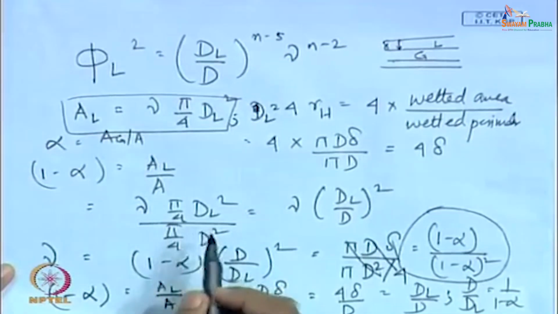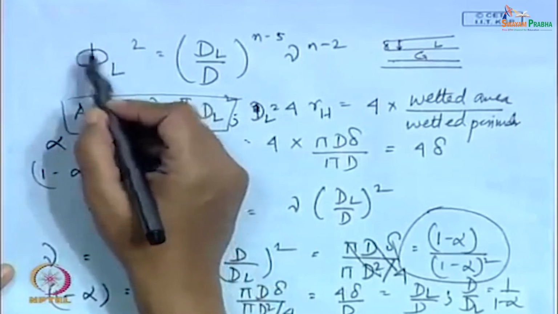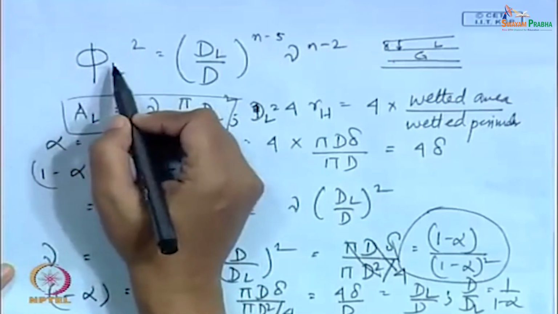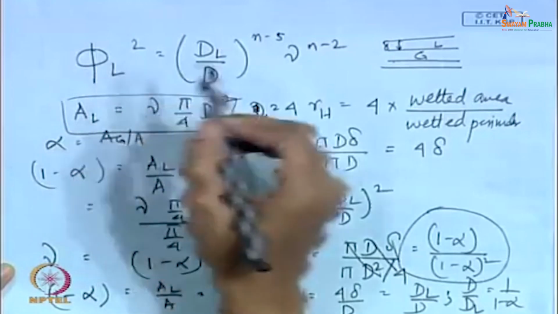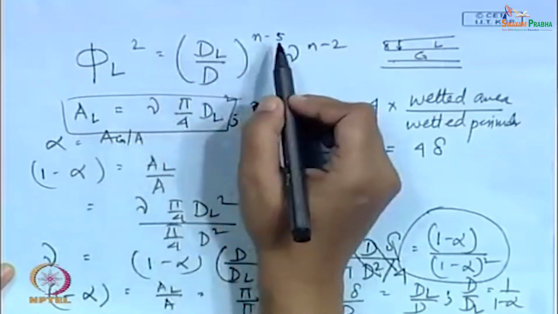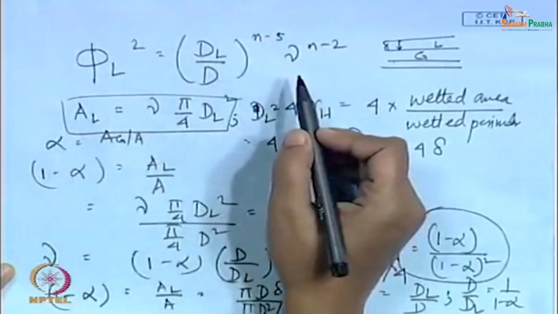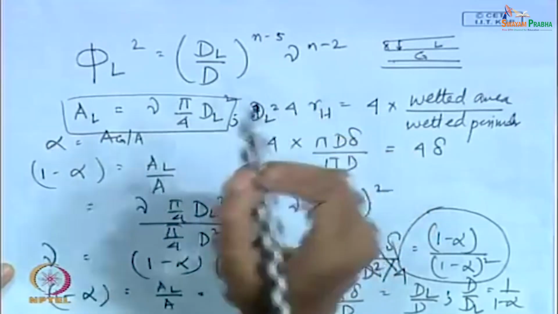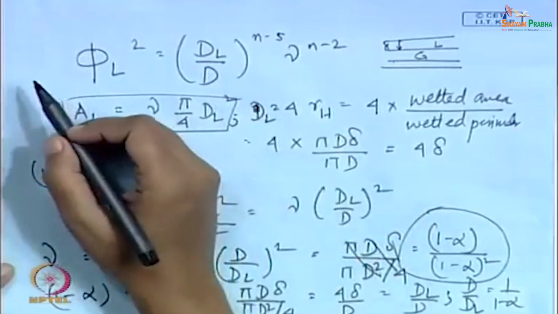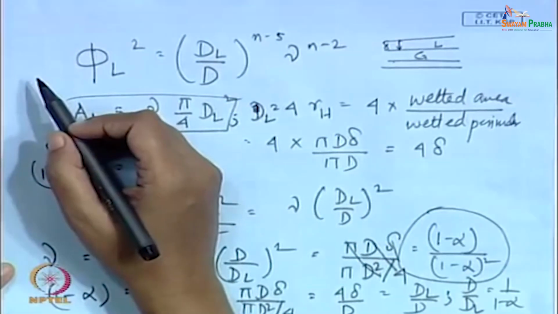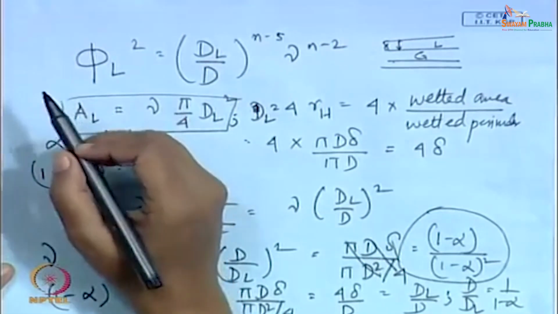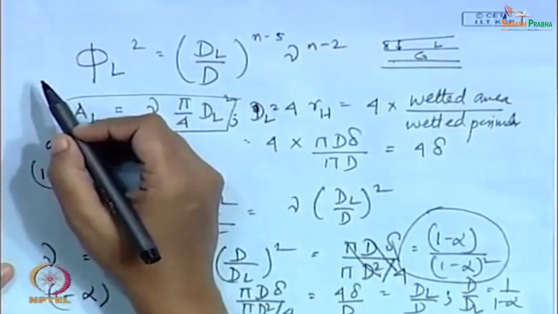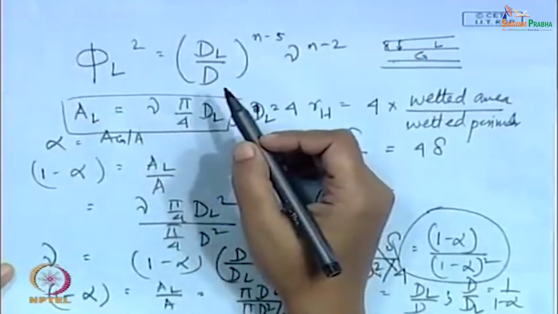We assumed that this phi_L square can be defined in terms of the frictional pressure gradient in the liquid portion divided by the frictional pressure gradient when that liquid flows alone in the pipe. And how did I take the frictional pressure gradient in the liquid portion to be equal to the frictional pressure gradient in the two phase mixture? Because I have assumed that the two phases do not interact with one another.